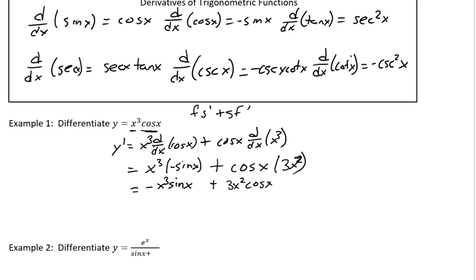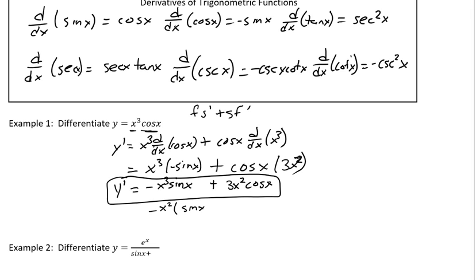Really, you could factor out an x squared if you wanted to, and so that would be x squared times negative x sine of x plus 3 cosine of x. They may do that.